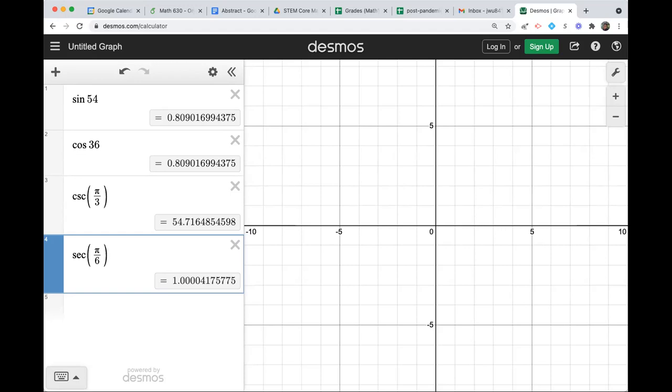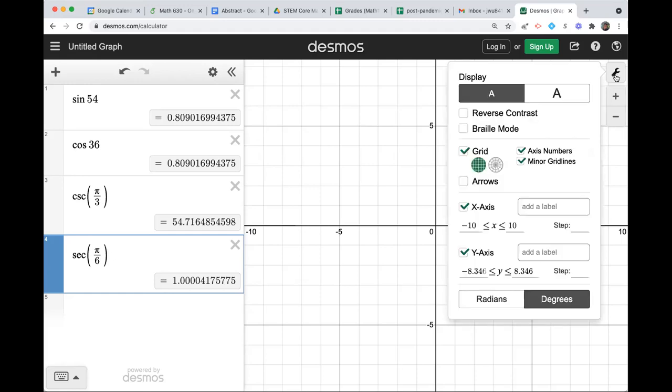Desmos is not a math teacher, right? As with any technology, the technology is only as useful as we know how to make it useful. Such a classic mistake. Here's what I did. I was in degrees for the last question.